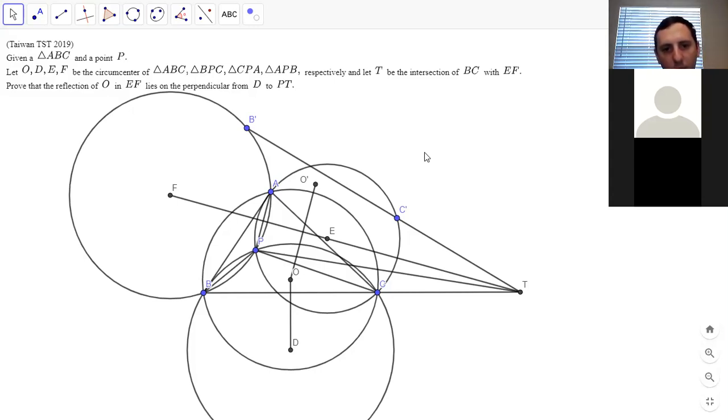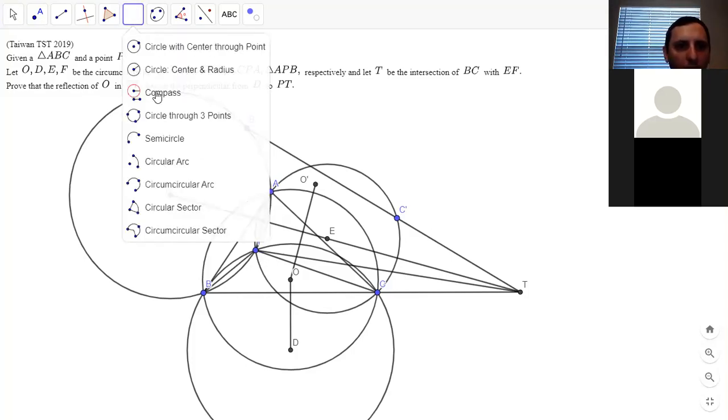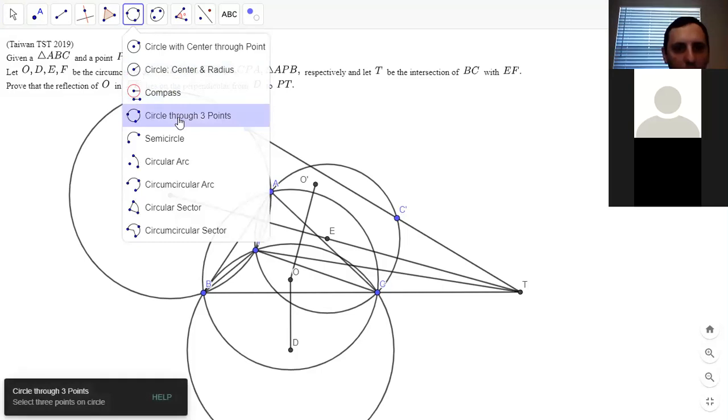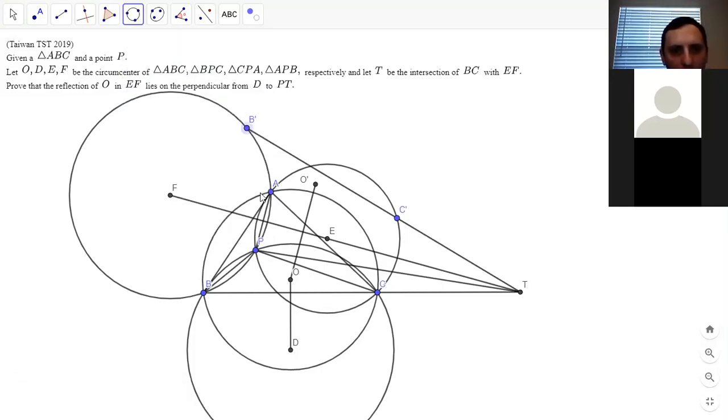I'm trying to look for similar triangles because we want to show OD is perpendicular. I'm sorry, go on. O prime is the circumcenter of P, B prime, C prime. Okay. So I'm going to draw that. I guess that finished the problem. Oh, really? Yeah.